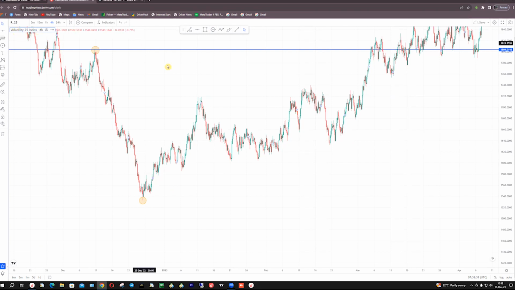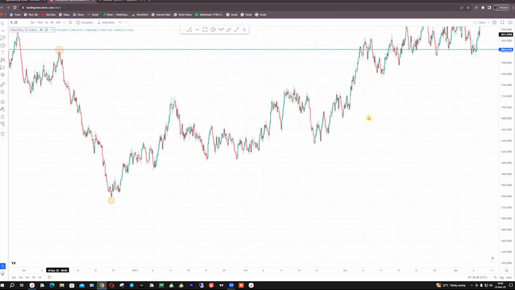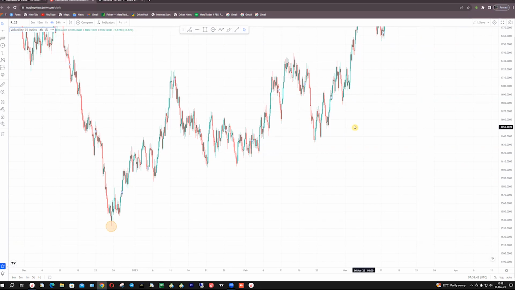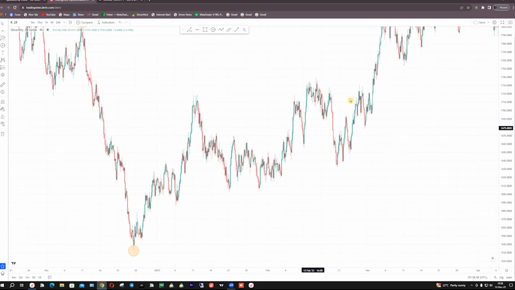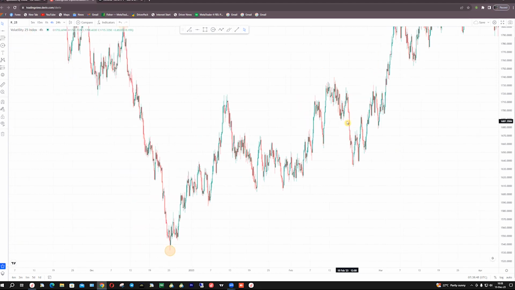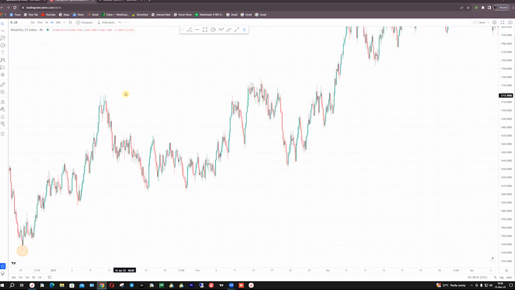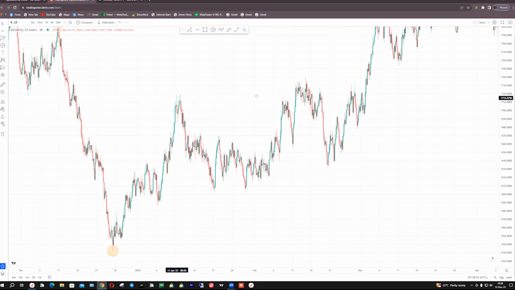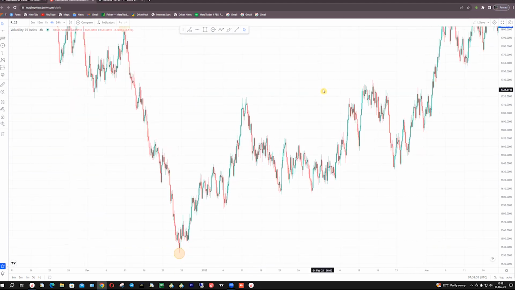This is Volatility 25, all right, guys, and this is the 4 hours time frame. And I told you that the same strategy can work with any time frame. So we are going to spot our entry at this point.